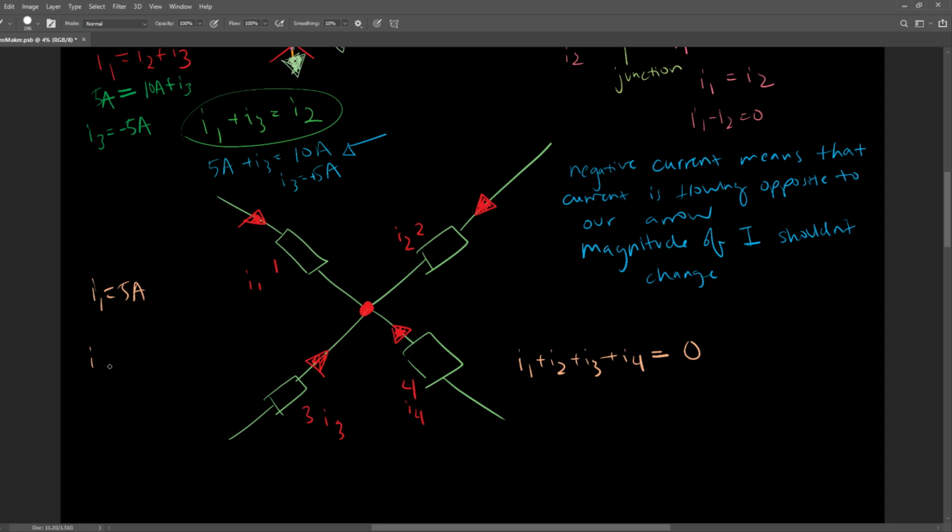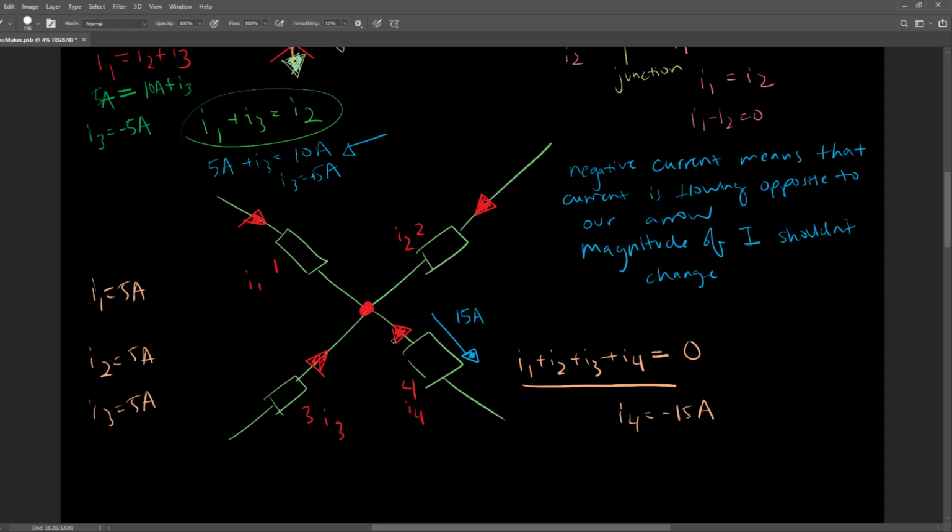And let's say I2 is equal to 5 amps. Let's say I3 is also equal to 5 amps. What is I4 going to be equal to? Well, I4, based on this equation right here, is going to be equal to negative 15 amps. And what that means is the true direction of this current is going to be flowing opposite to the arrow we've assigned, and the magnitude of this current will be 15 amps.